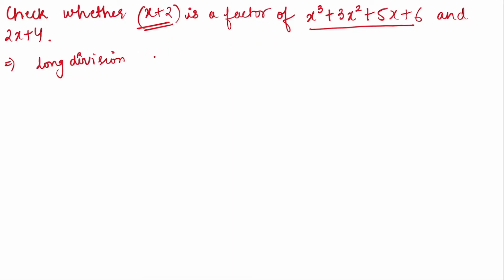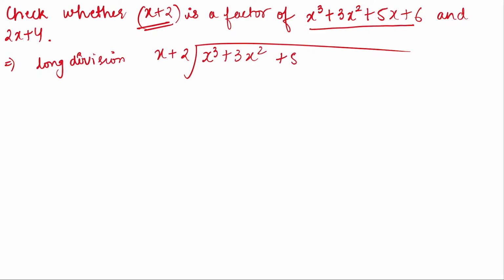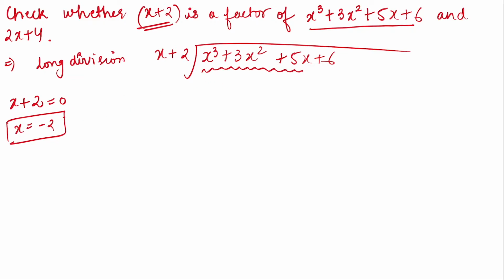Now if I want to divide x cube plus 3x square plus 5x plus 6 by x plus 2, I am simply going to find the 0 of x plus 2. Now, how do we find 0 of x plus 2? We will put x plus 2 equals to 0. That's how we will get the value of x. And now this value we are going to put in the one we want to divide. Okay.